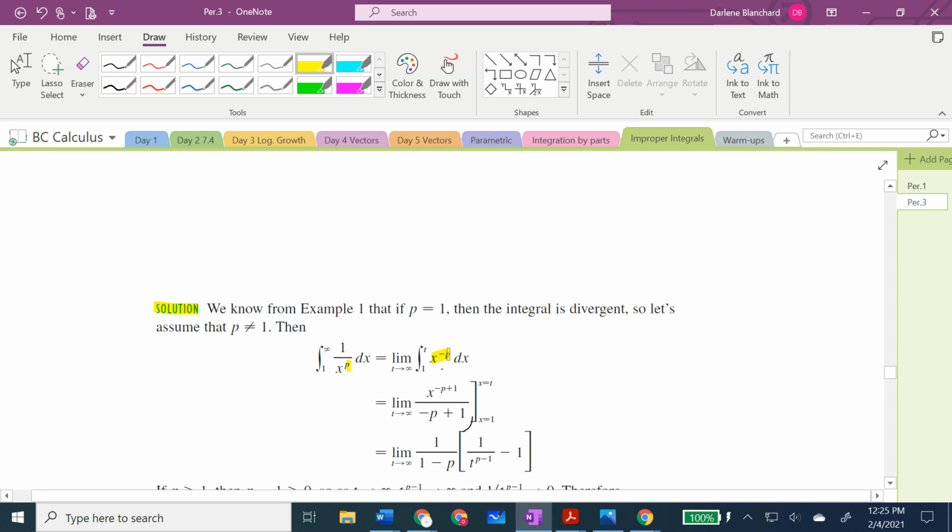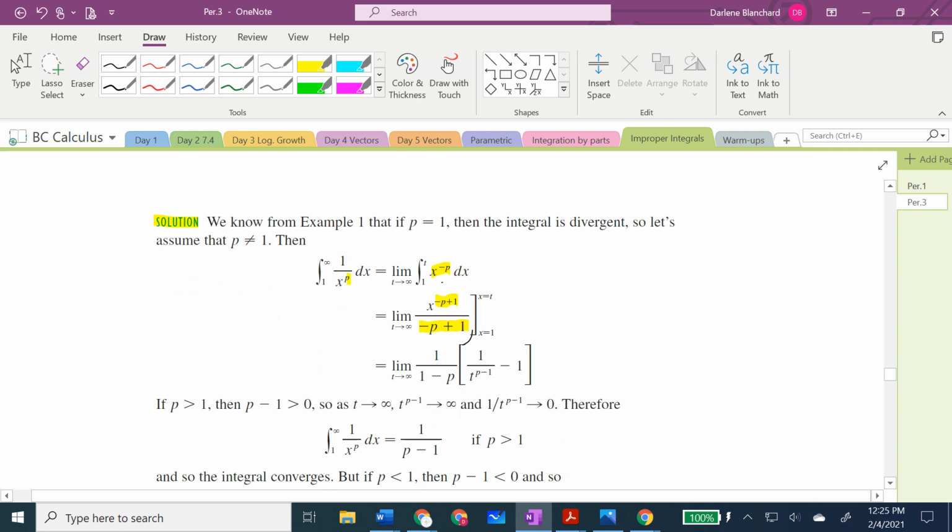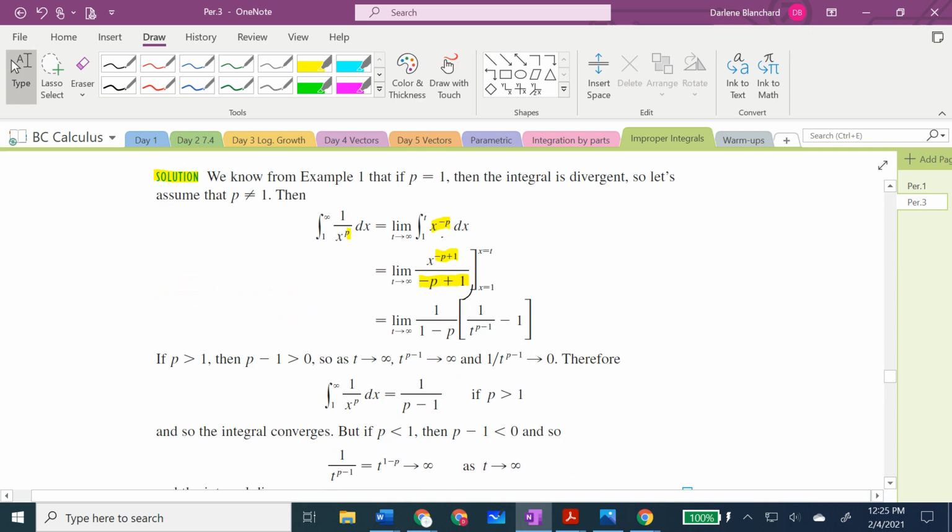Then when we go through and integrate, we add 1 to the exponent and divide by that new exponent. And the difference between this limit existing and not existing is all about where is x when the exponent is positive.